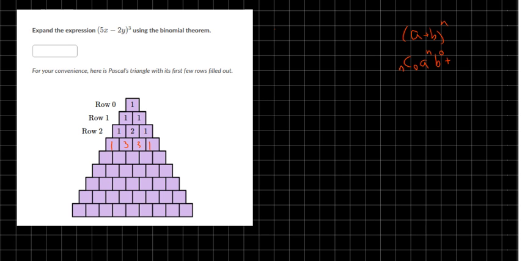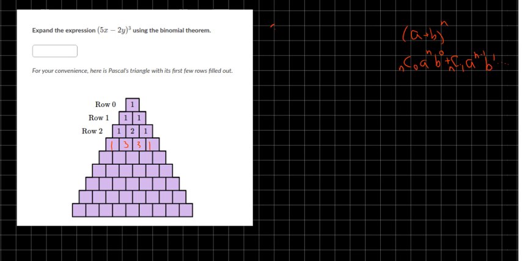Plus n choose 1 times a to the n minus 1, b to the 1, and then we're just going to keep going down until we're done.